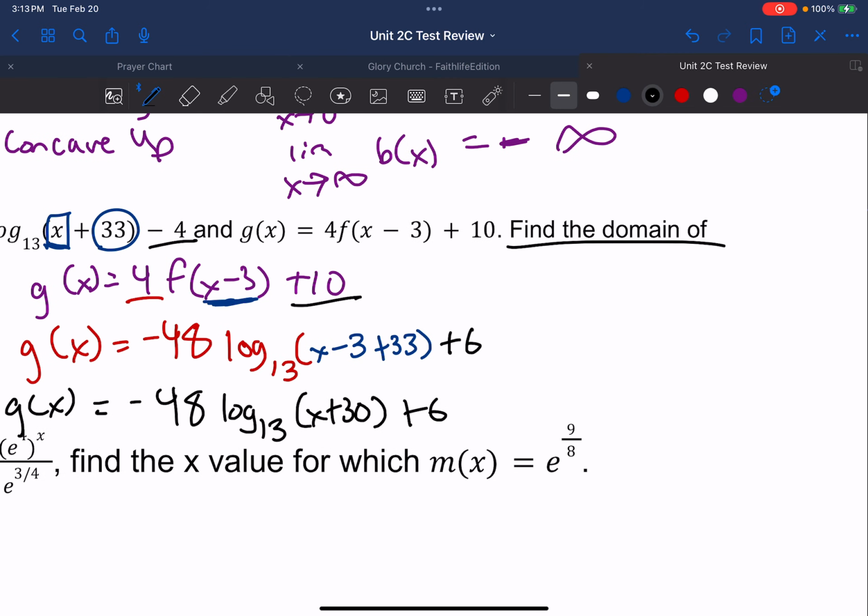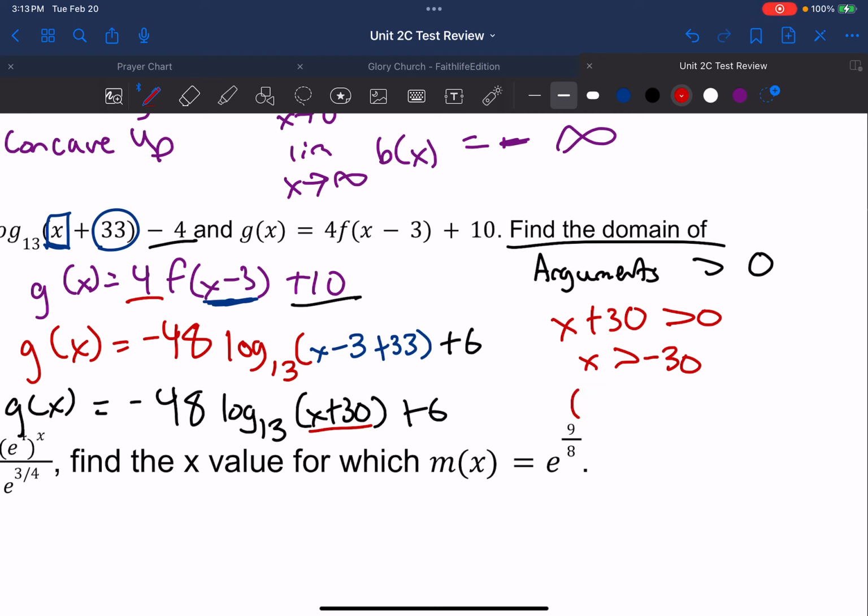For logs, the argument must be greater than 0. So whatever my argument is must be greater than 0. My argument is x plus 30, so x plus 30 is greater than 0. If I subtract 30 on both sides, I get x is greater than negative 30. You might also see it as negative 30 to infinity.